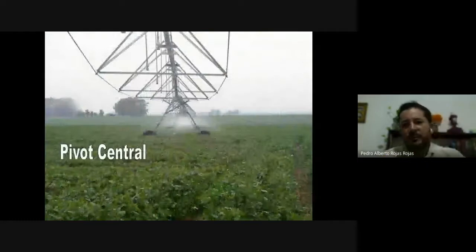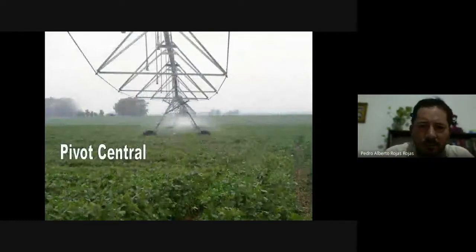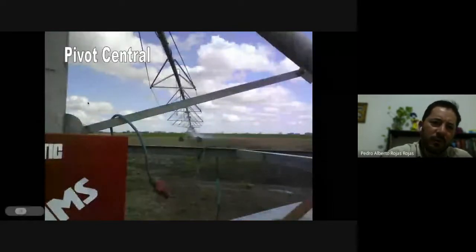So this is another picture of the potato crops. This equipment is very good for these crops. Here is another image of the motor at the beginning of the structure, and you can see the connections here.